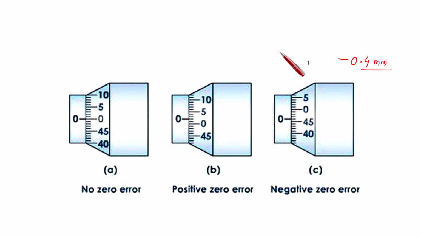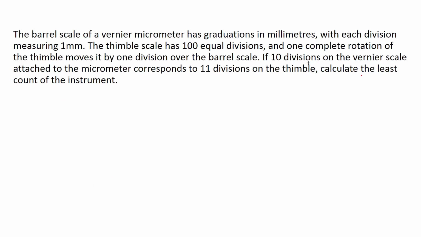So whatever reading is there, correct reading will be, correct reading is equal to obtained reading minus of 0 error.